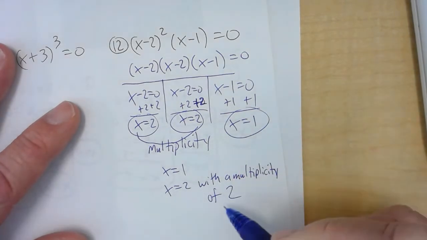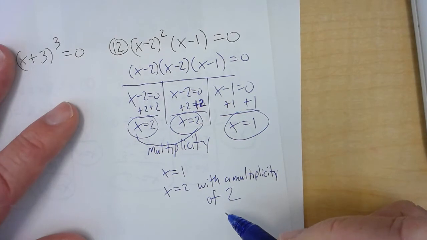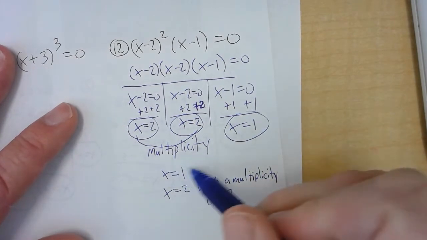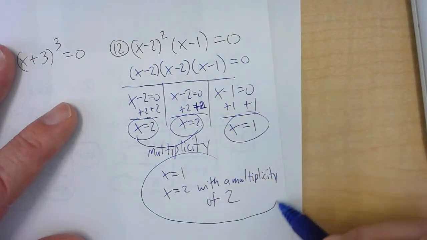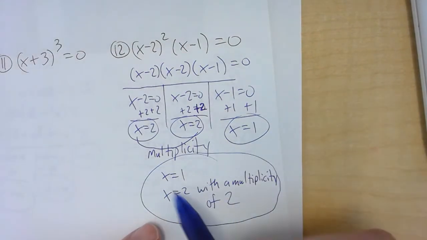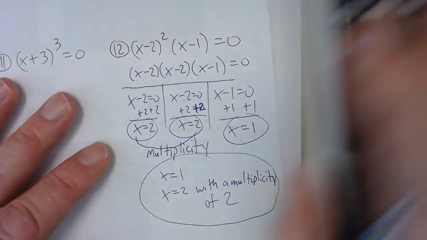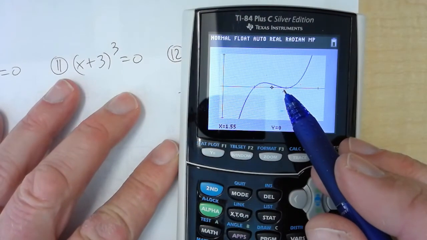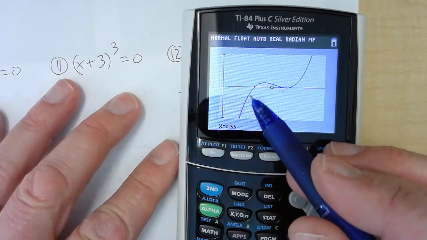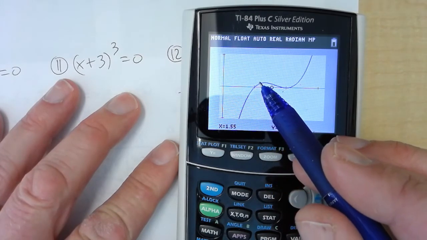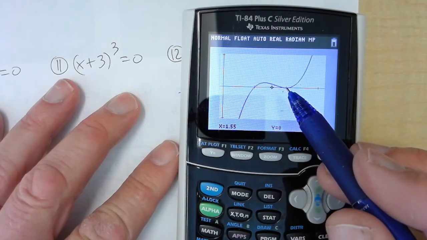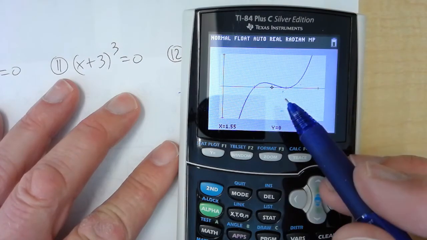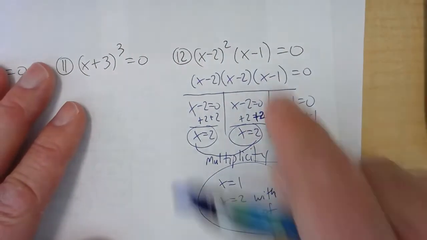If you look that up in the book in section 5.1, you'll see the word multiplicity in there. And it just means that the solution's copied twice. It's a carbon copy. So 2 happens twice. It also means that at 2, it doesn't cross the x-axis, it bounces off the x-axis. So it crosses at 1, it comes up, it goes back down, it bounces off of 2 and then goes up. So that's what we can tell from this right here.